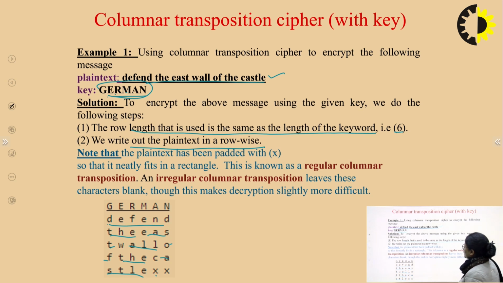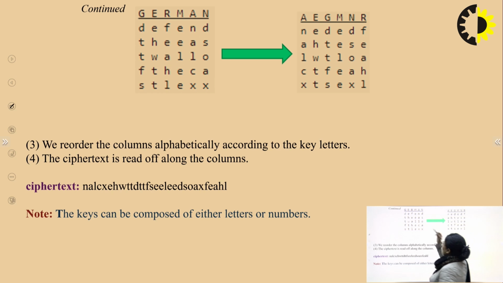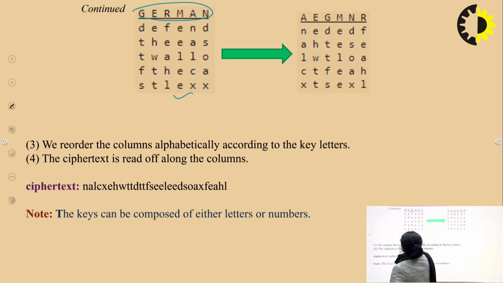then we will be going for applying the key. And how do we apply it? This is the matrix that we have created. Then we sort the columns of the matrix in alphabetical order.